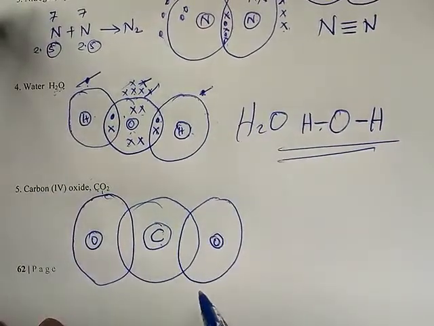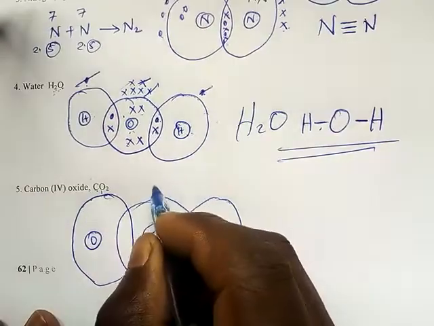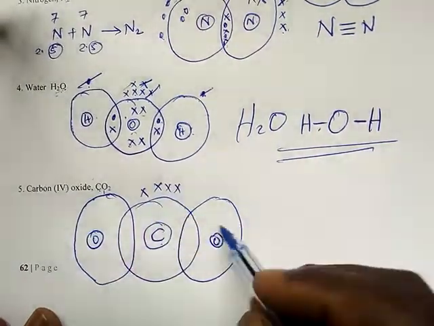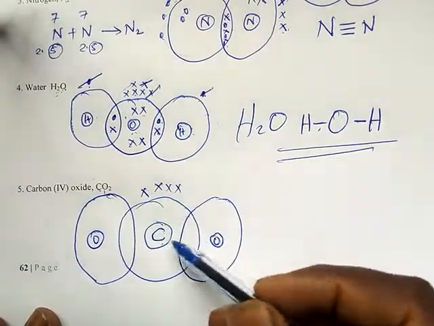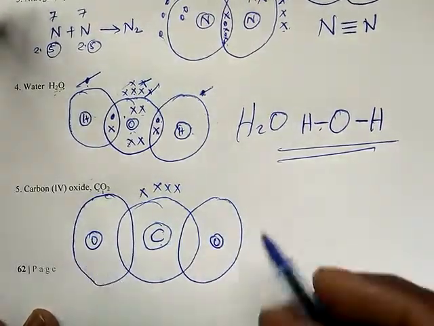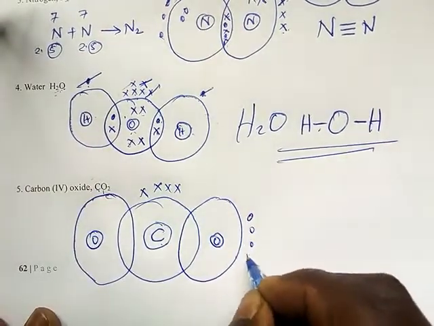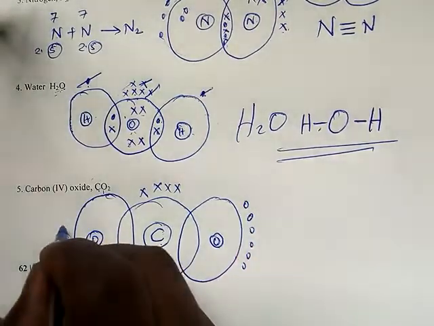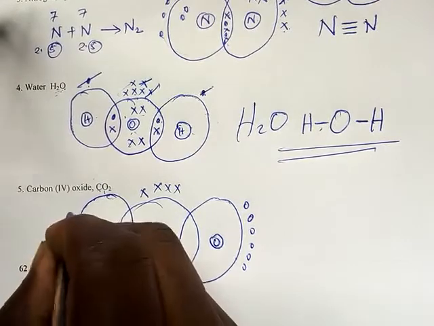Carbon is atomic number 6, so it has 4 electrons in the outermost energy level. 1, 2, 3, 4. Now that I have used X for carbon, I will use dot for oxygen. 1, 2, 3, 4, 5, 6.